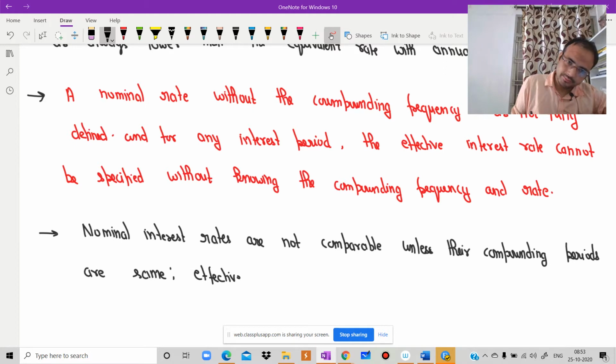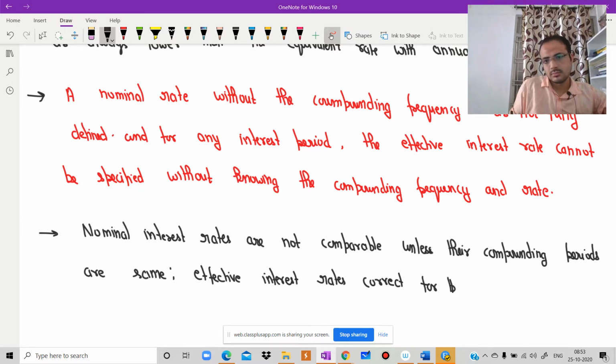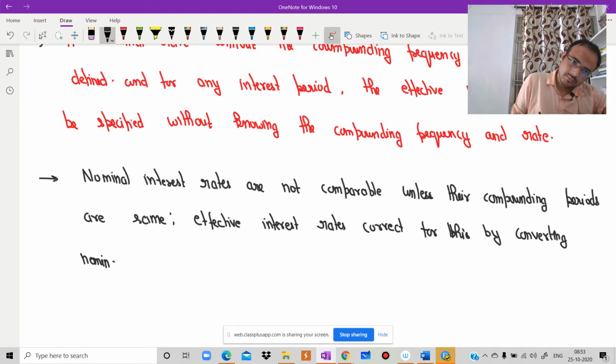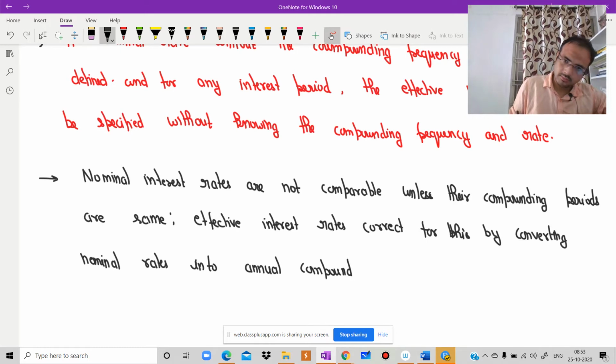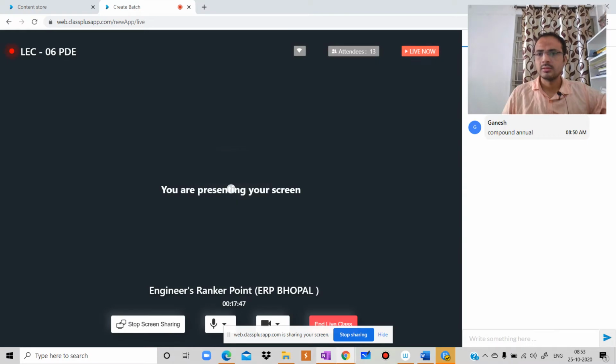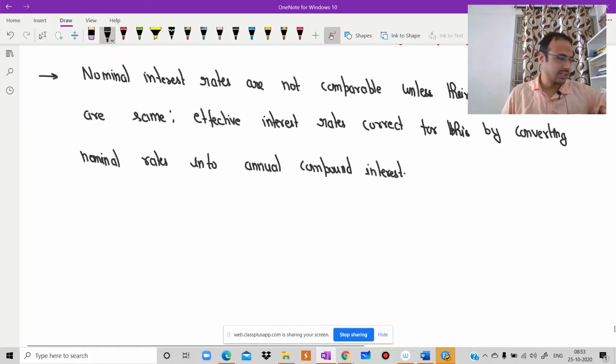And the effective interest rate corrects for this by converting nominal rates into annual compound interest. Is it clear up to this point?